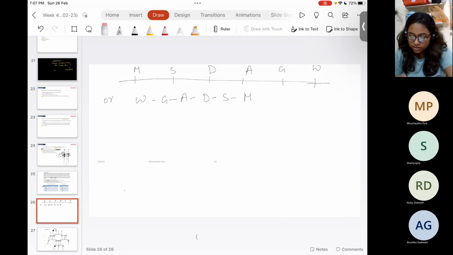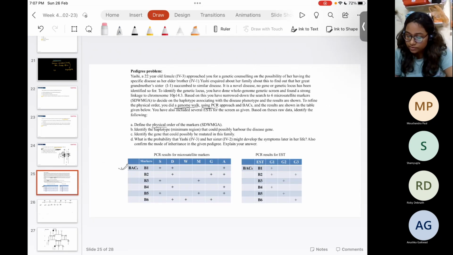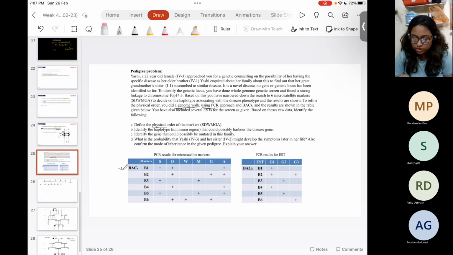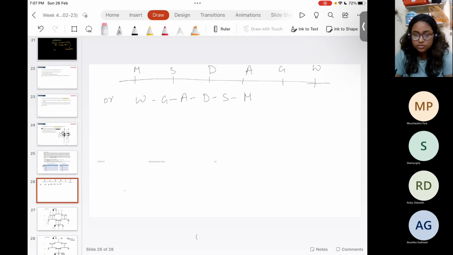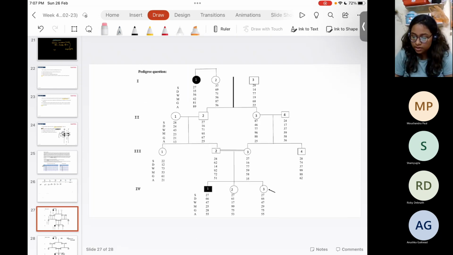Next, we were asked in that question to identify the haplotype, or the minimum region that could possibly harbor the disease gene. Now, since we have gotten what will be the order, here this is the haplotype given.